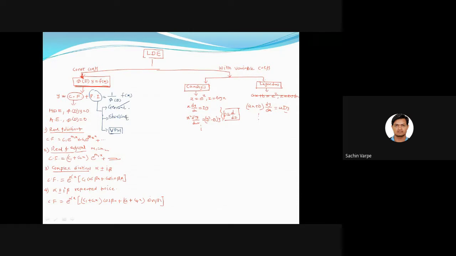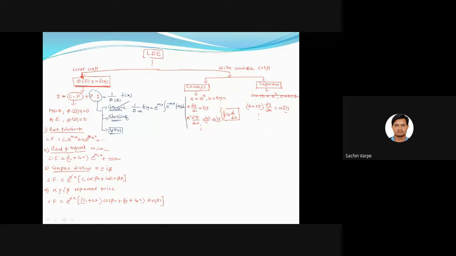So what the general method says, general method is applicable to all. That is why the name is general. In general, we can apply. So what is the main formula in general? 1 upon phi of D, that is 1 upon, suppose, D minus m into f of x. Then its formula is e to the power mx integration of e to the power minus mx f of x dx.